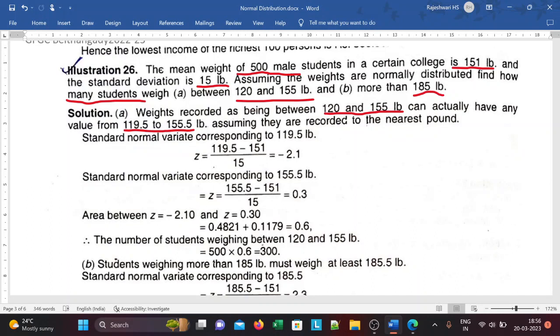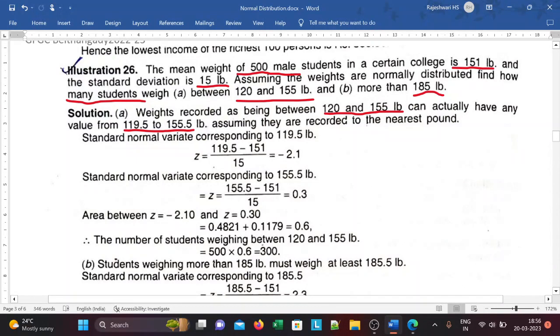So I hope you remember the formula Z equals x minus mu divided by standard deviation. Here the first x value is 119.5 minus 151, that is the mean value of 151 pounds, divided by the standard deviation of 15 pounds.